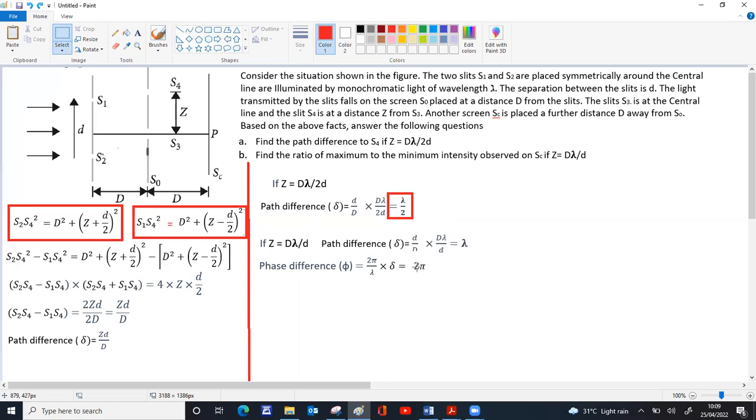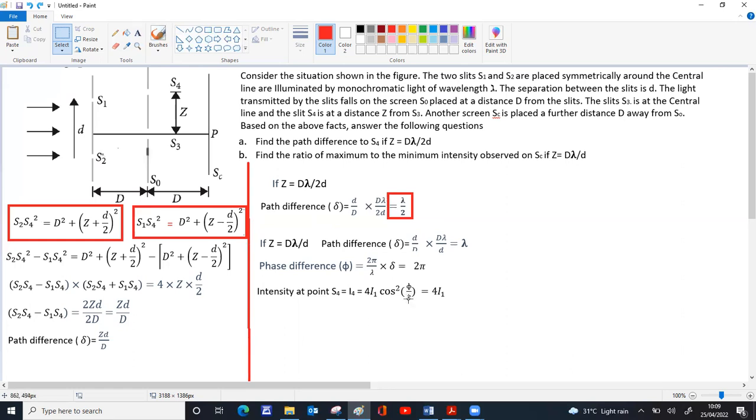Lambda, lambda get cut, will be 2 pi. So the phase difference at point S4 from S1 and S2 is 2 pi. Now we can find the intensity at S4, which we call I4. Since both are identical, 4I1 cos square phi by 2. Phi is 2 pi, so 2 pi by 2.